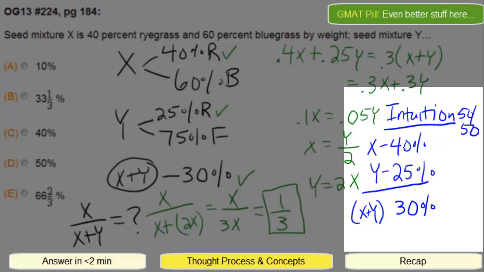The exact midpoint between these two, if you had a 50-50 split, would be the midpoint between 40 and 25. The difference is 15, divide that by 2, that's 7.5. Add that 7.5 to the 25, and you get 32.5. So the midpoint here is 32.5%.